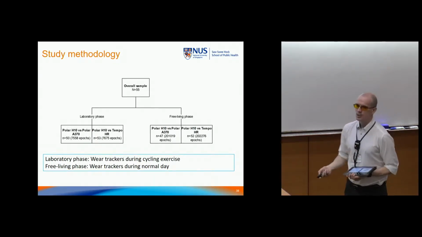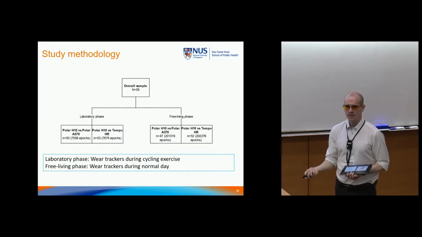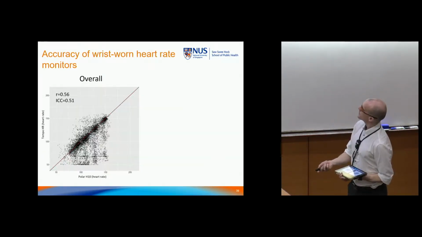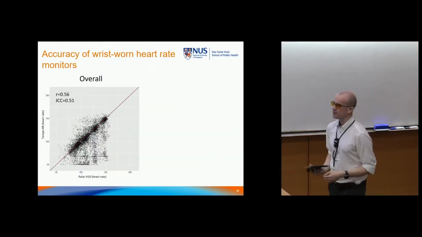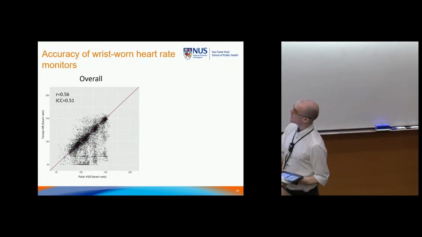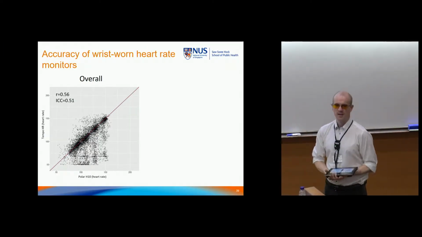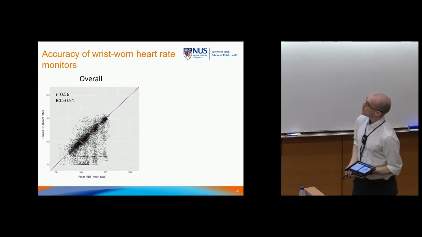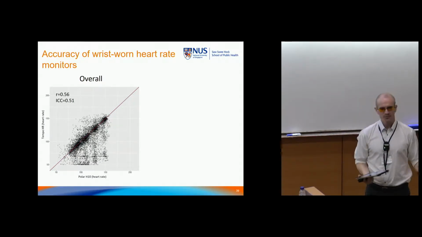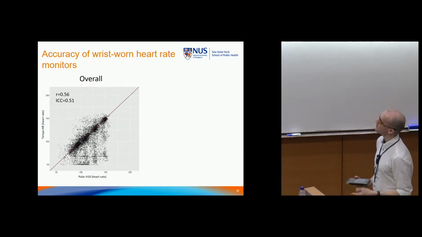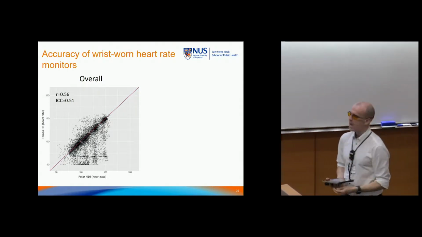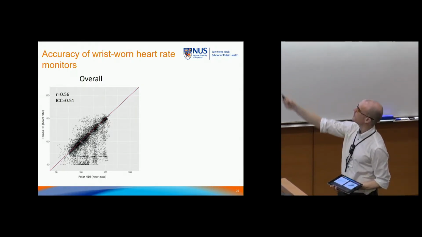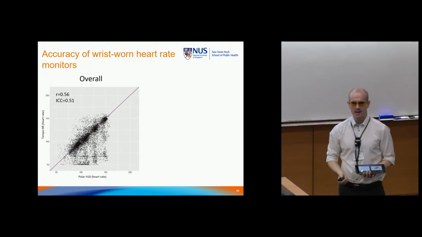I'm not going to go into much detail because we are just wrapping up this project. Just some early preliminary results. If we, for instance, look at one of the wrist-worn devices in relation to the reference, the Polar H10, we see that overall there's a fairly decent correlation and agreement of about 0.5 or so. But you can also see that there's a lot of weird measurement errors going on.